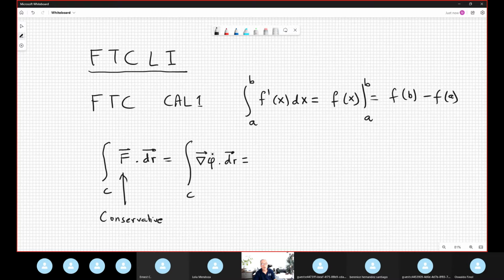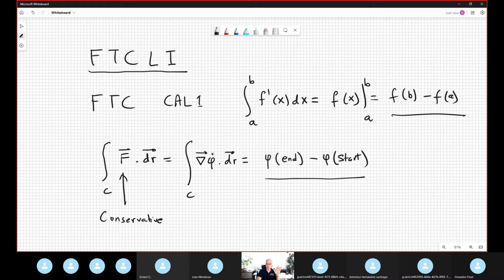And now when you apply the anti-gradient, you find the potential function, and the integral is the potential function evaluated at the endpoint minus the potential function at the initial start point. Guys, do you see the connection between this and this?